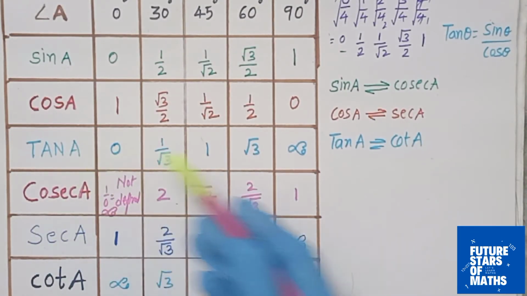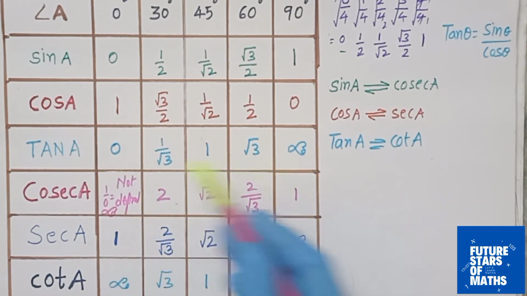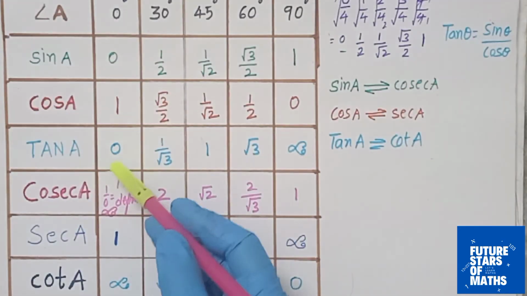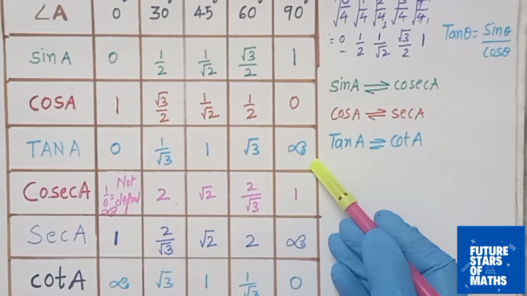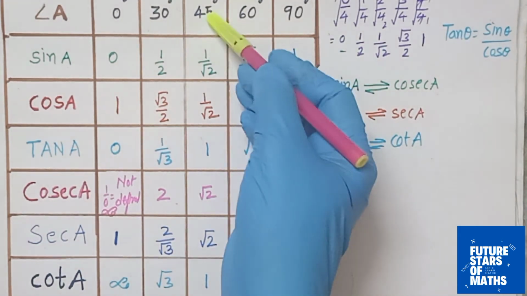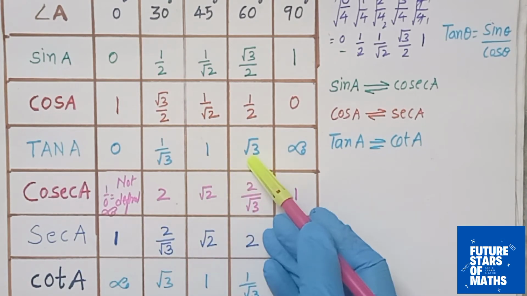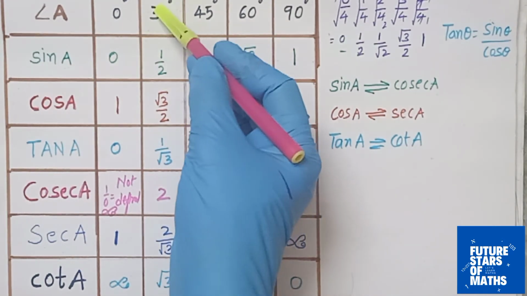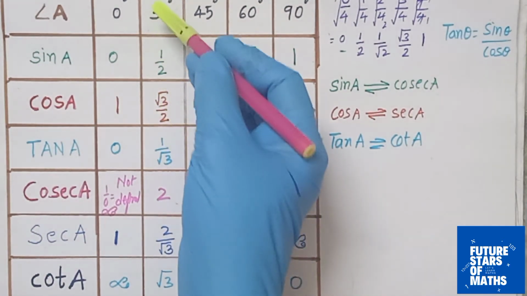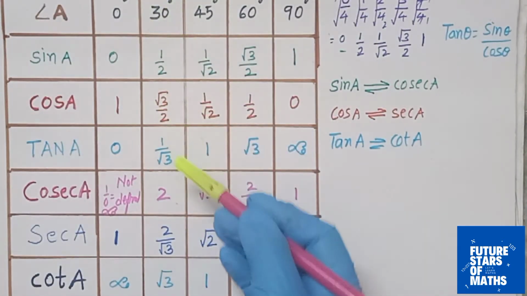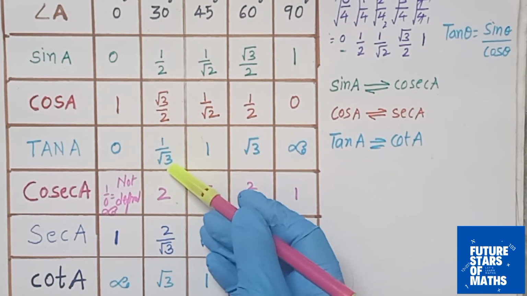Now what about tan? What values are there? You see, students, tan 0 is 0 and tan 90 is infinity. This you can remember. Then tan 45 is 1. What is remaining? 30 and 60. In 30, since 3 is odd, we are getting something odd in tan 30, that is root 3 in the denominator.